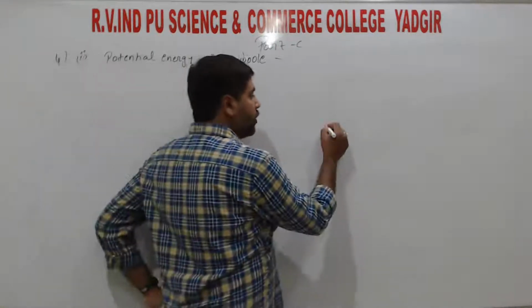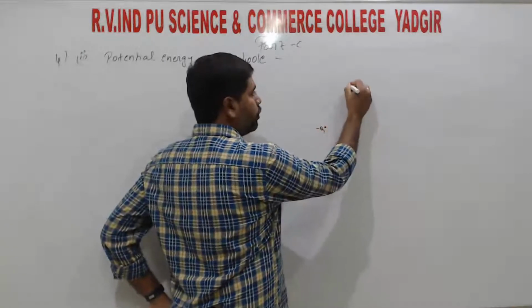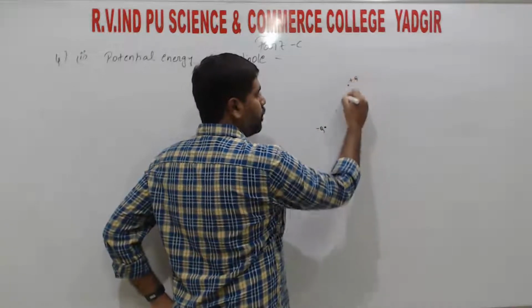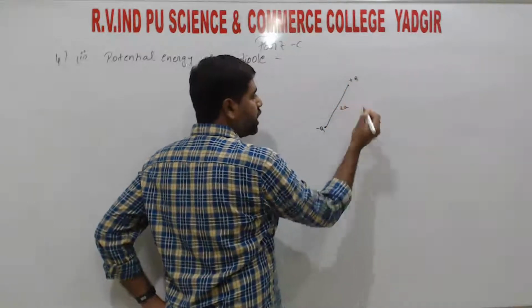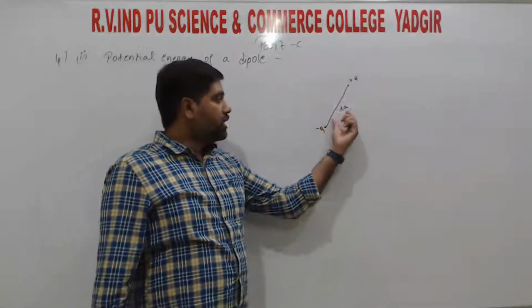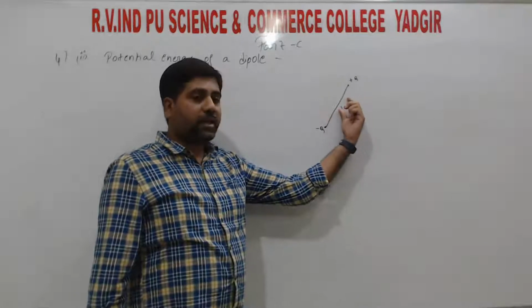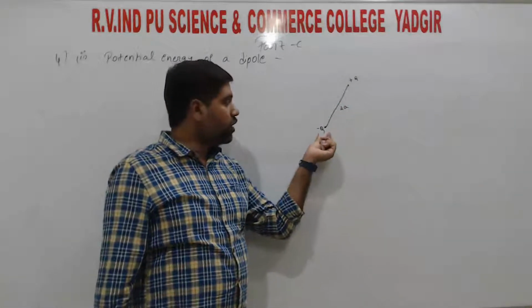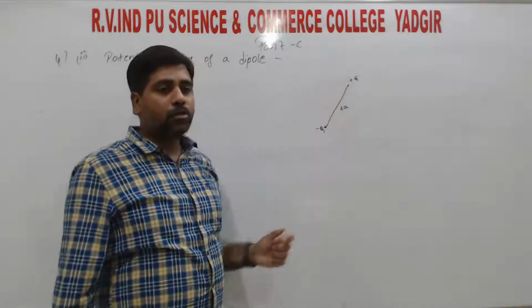So consider a dipole, minus q, plus q separated by a small distance, so that distance we take as 2a, right? So 2a is the distance between the separation of the two equal and opposite charges. So ಎರಡರದ್ದು magnitude ಏನಿರುತ್ತೆ ನಮಗೆ ಸೇಮ್ ಇರುತ್ತೆ, but sign ಏನಿರುತ್ತೆ opposite ಇರುತ್ತೆ, right?